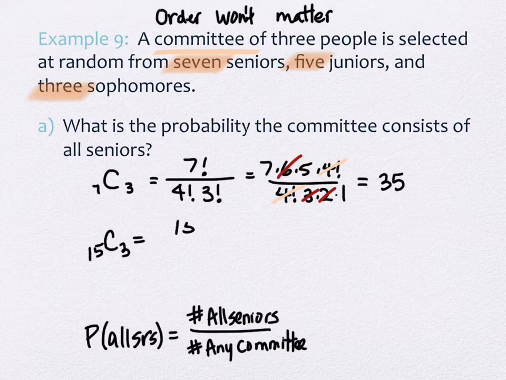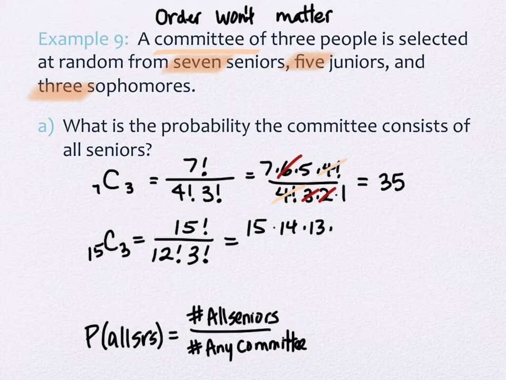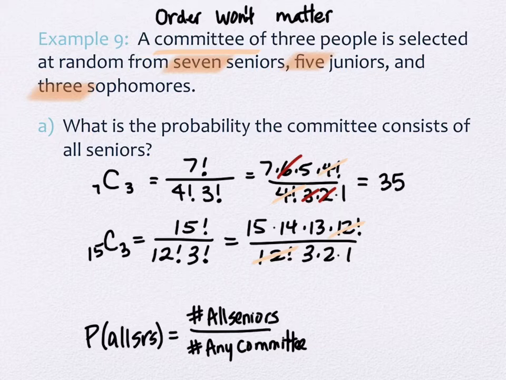So I have actually 15 factorial on top. 15 minus 3 would be 12 factorial, and then the 3 factorial. So 15, 14, 13, 12 factorial. I have my 12, and then I have 3, 2, 1. So the 12 factorials cancel. I don't get to cancel this one quite so cleanly. The 3 will cancel with the 15 to give me 5, and the 2 will cancel with the 14 to give me 7.